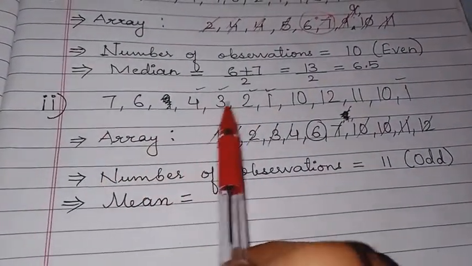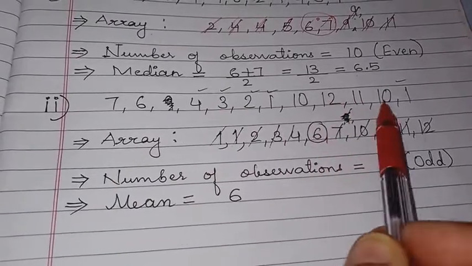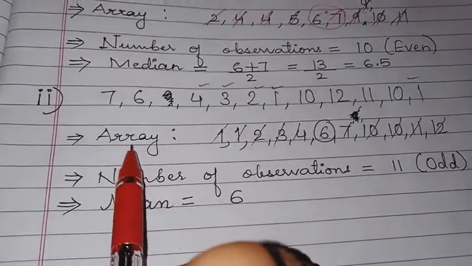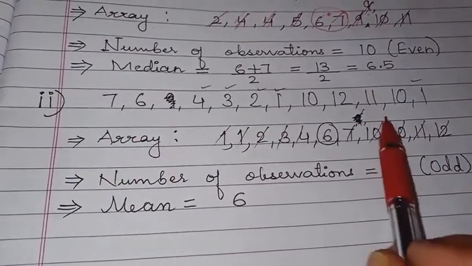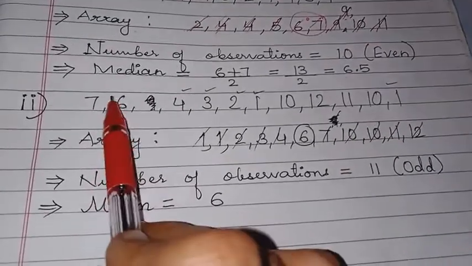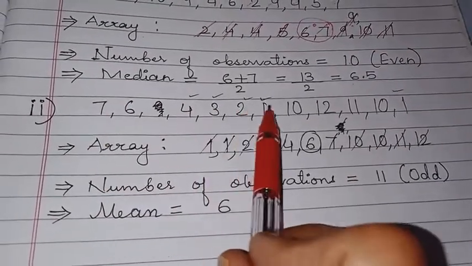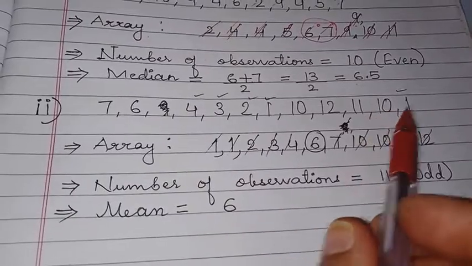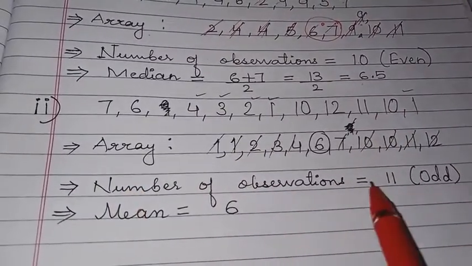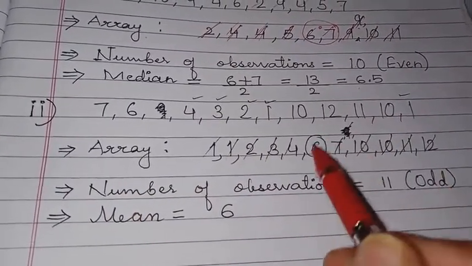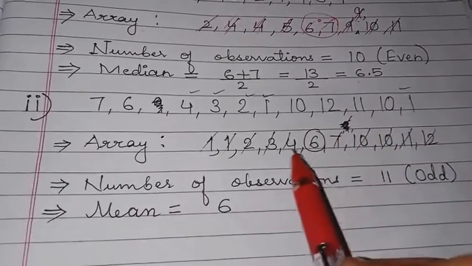7, 6, 4, 3, 2, 1, 10, 12, 11, 10, 1. I have arranged all of these. 1, 2, 3, 4, 5, 6, 7, 8, 9, 10, 11. So here the number of observations is 11, which is odd. In odd, we have to find the mid value.